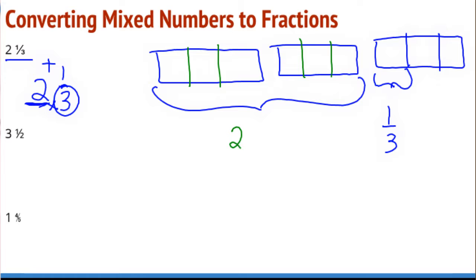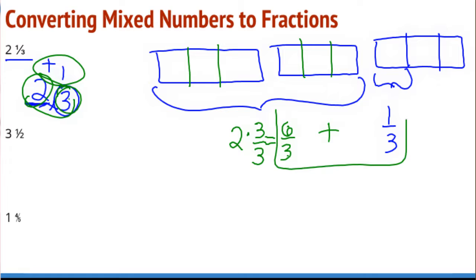So I have 2 wholes. Each one of them has 3 thirds. So I wind up having 6 thirds. 3 times 2 gives me 6. 6 what? 6 thirds. I can then add to it the 1/3 on the side here, and I have 7 thirds.